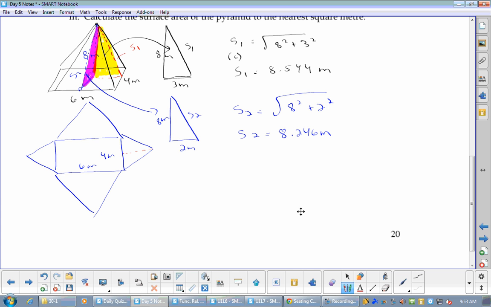Now we can go to our diagram and we could say this would be S1, correct? No, I don't think I messed up. I think that's S1 because look, 3 and this is 3, correct?